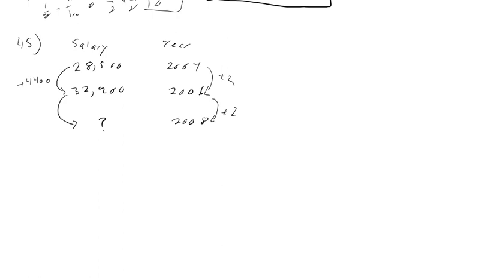So if they added that much in 2 years, in another 2 years, same amount. 32,900 plus 4,400 makes it 37,300. There is your answer.